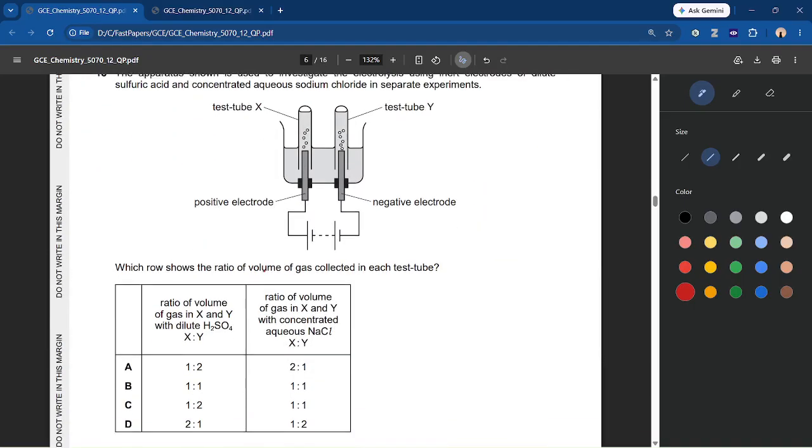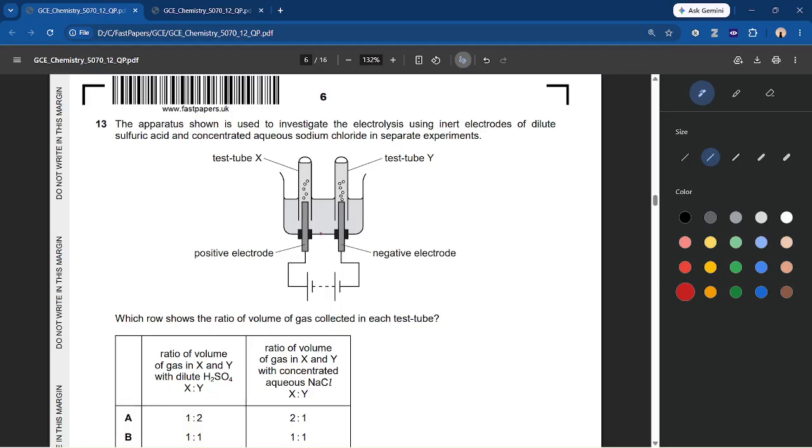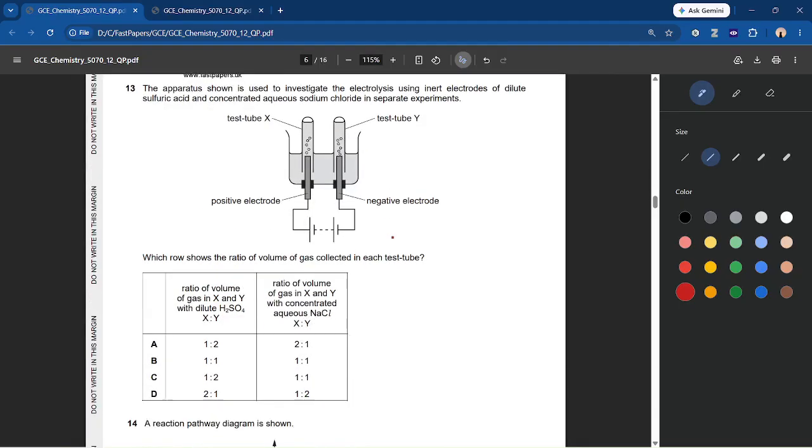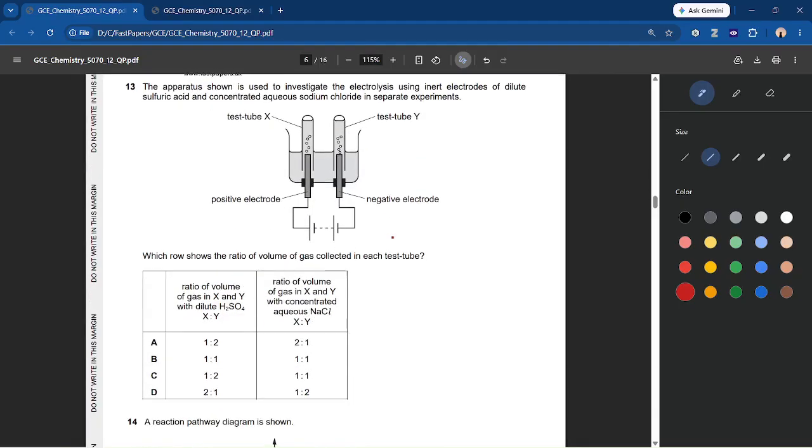The apparatus is used to investigate the electrolysis, using inert electrodes, of dilute sulfuric acid and concentrated aqueous sodium chloride in separate experiments. Which row shows the ratio of the volume of gas collected in each test tube?